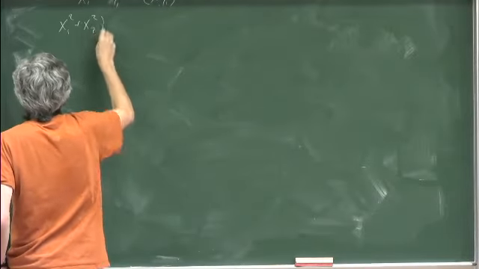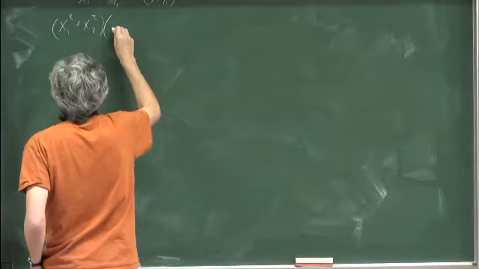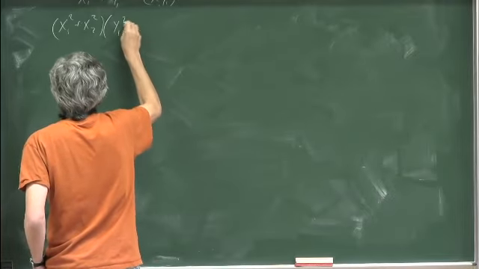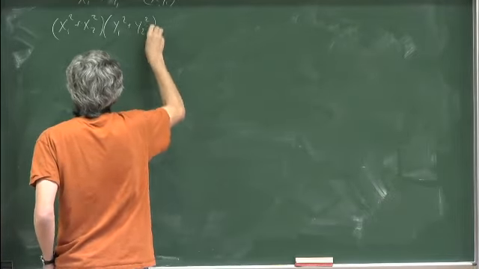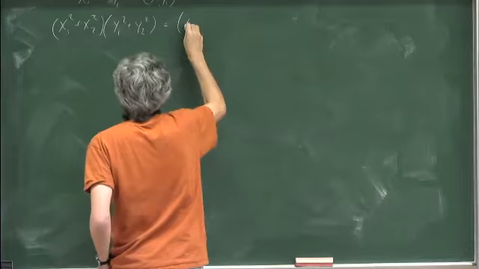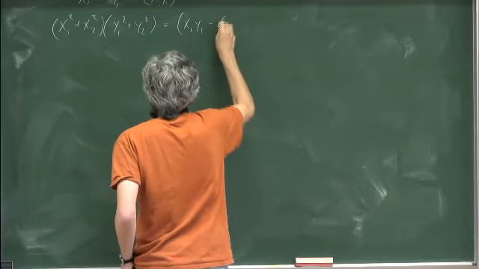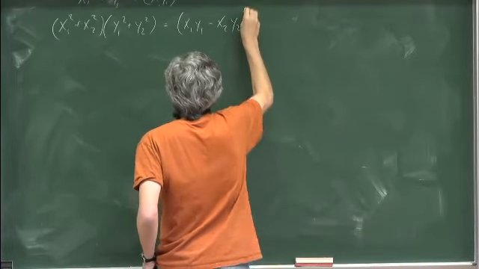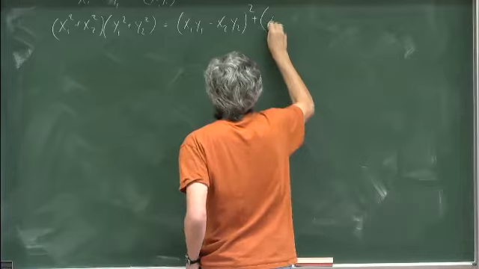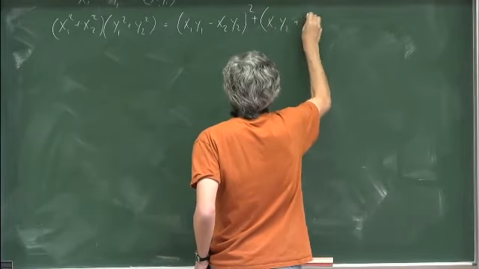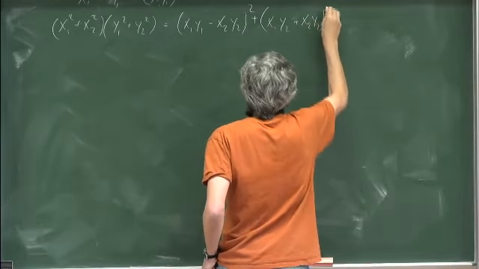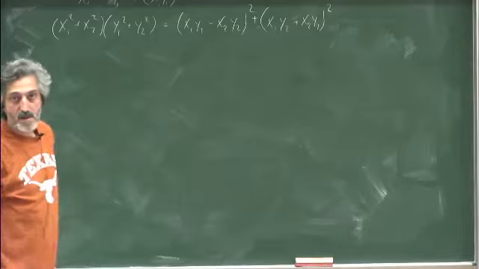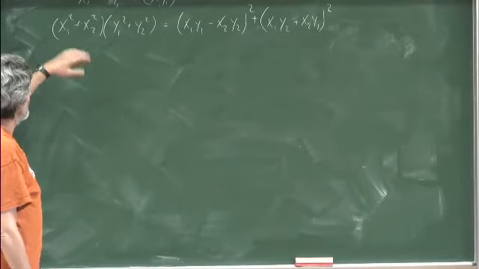Here's another one that you are familiar with. Right? So this is the norm of the product of two complex numbers.